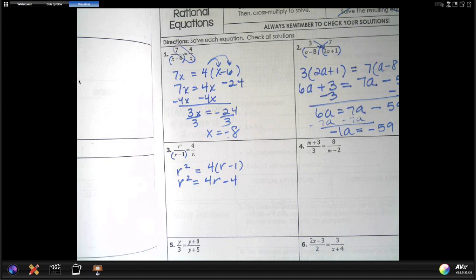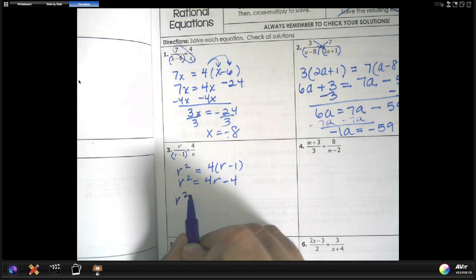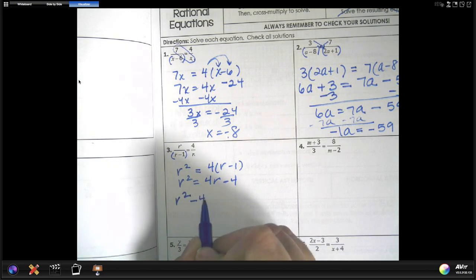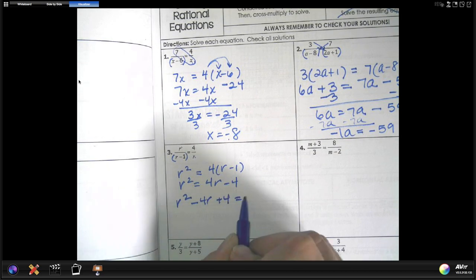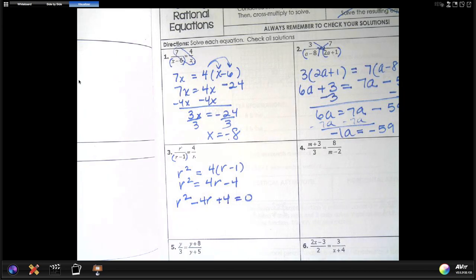You could use the quadratic formula, but you always want to factor first. So whenever it's quadratic, try to factor. And in order to factor, we need to move everything to the left side and set it equal to 0. So we subtract the 4r, and then we add that 4 equals 0. And then, if it's factorable, we factor it.